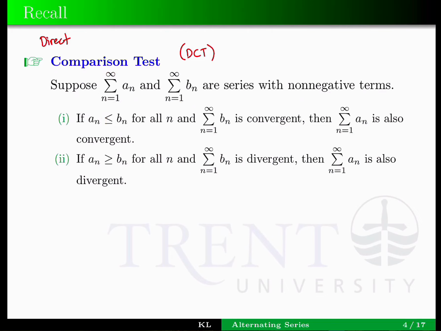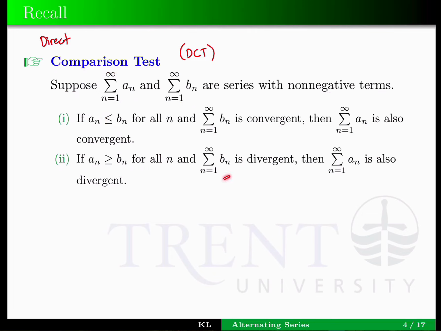And the second statement for DCT is that when your a_n is greater than or equal to b_n, and that the sum of b_n is divergent, then the sum of a_n is also divergent. So if you look at this, it is the sum of b_n that is smaller than the sum of a_n.